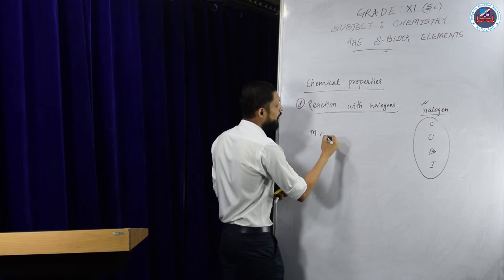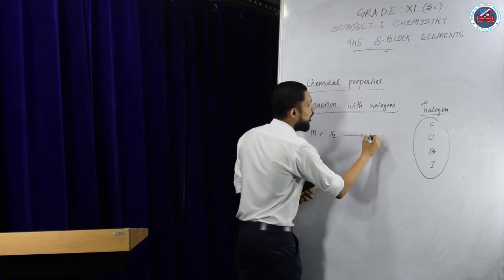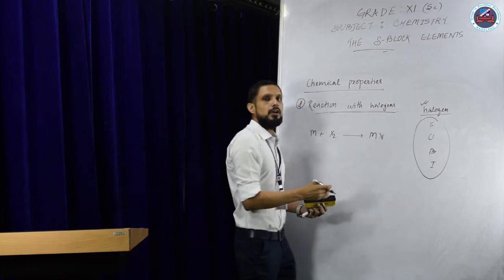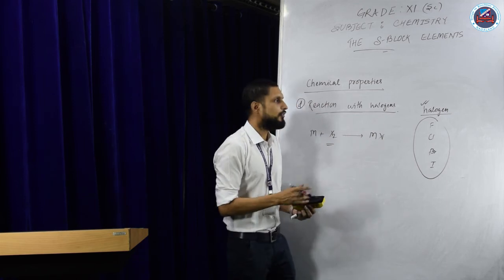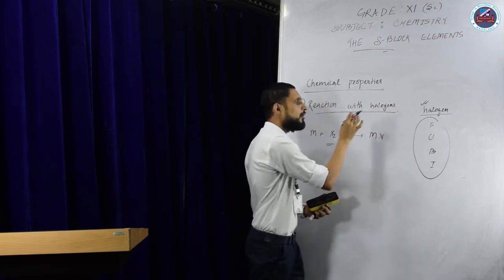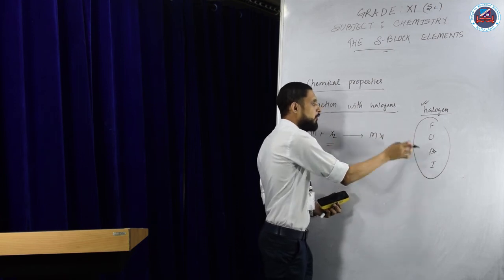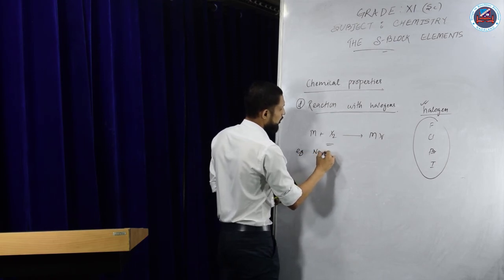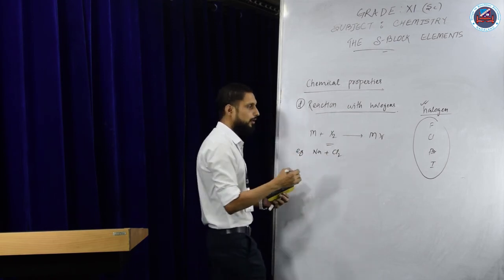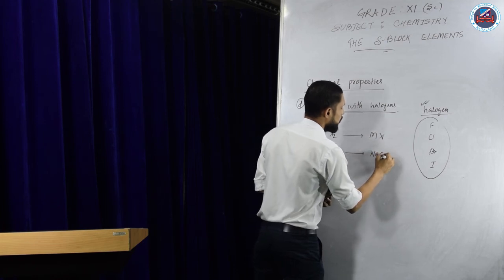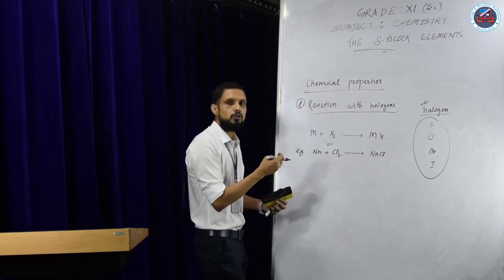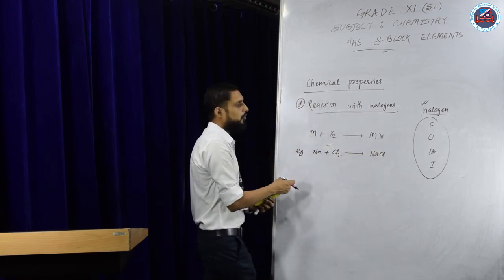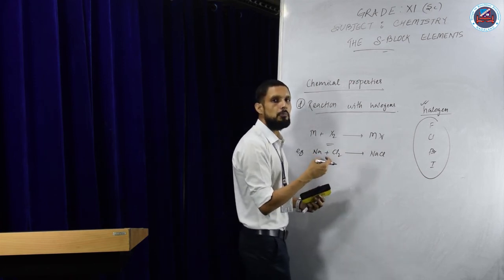Halogens, if they react with alkali metals, form metal halides. Remember, in a reaction, the halogen is written in molecular form. That is, Cl will be written as Cl2, Br as Br2, I as I2. Let us take an example. If sodium reacts with Cl2, that is chlorine, it will form sodium chloride. If potassium reacts with chlorine, it forms potassium chloride. If potassium reacts with bromine, it forms potassium bromide.